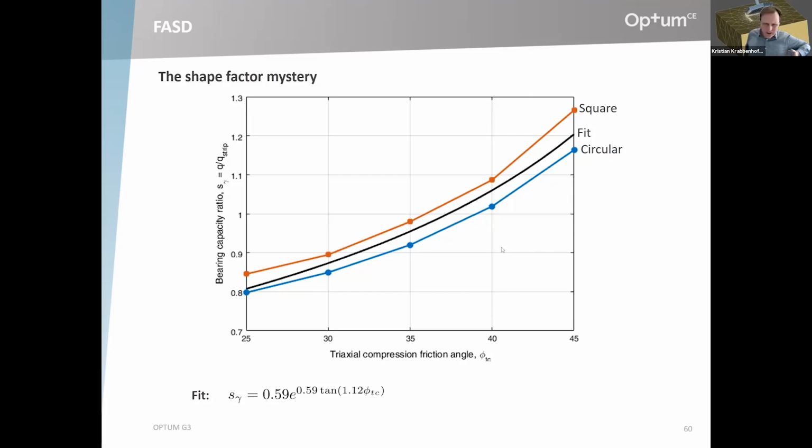The direct shear test has some other inherent problems, so it's difficult to say which test to rely on more. I think the triaxial compression test is probably the most reliable one, but it's also the one that gives the smallest friction angle, which you would then have to somehow convert to your plane strain angle, for example, with some of these four formulas that I showed you before.